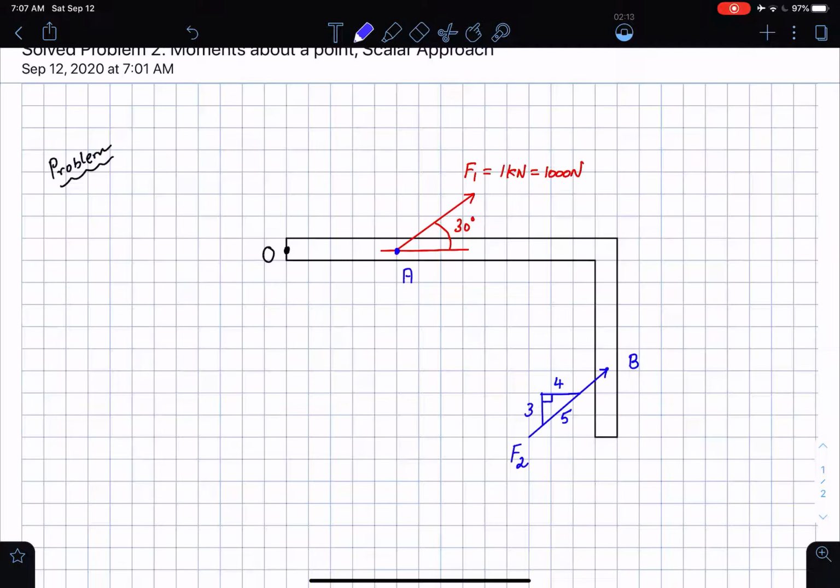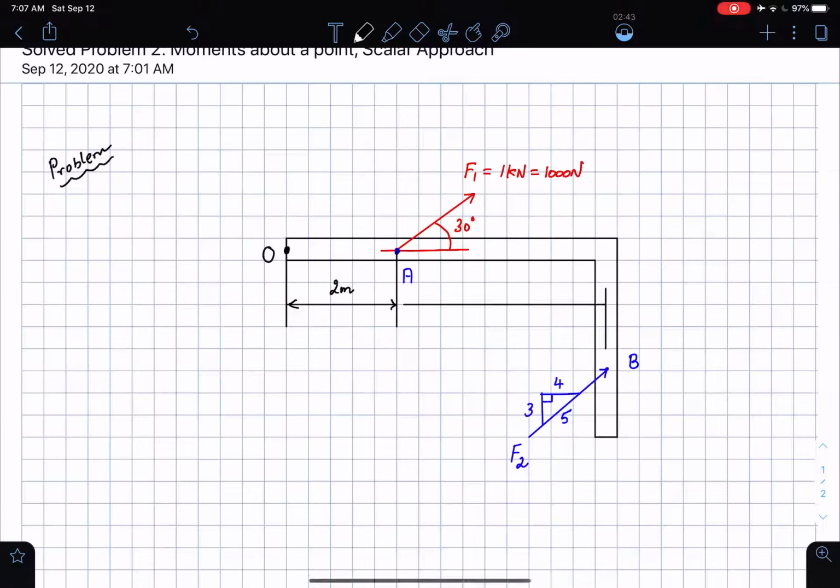Then some distances are given to us. Here are the distances. The distance from point O to point A is given to me as 2 meters. I'm going to draw them as dotted lines in a minute. So this is 2 meters. Then I'm told that the distance from point A to point B is about a meter. Starting from here all the way to there, this distance is about a meter.